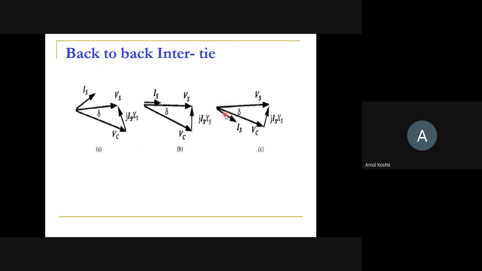Okay, and for this inductive nature, we get this type of phasor diagram. So according to the type of load at the load side, we'll get this phasor diagram, or we can draw this phasor diagram. Okay. So this is how the multi-level converters can be used in different applications.